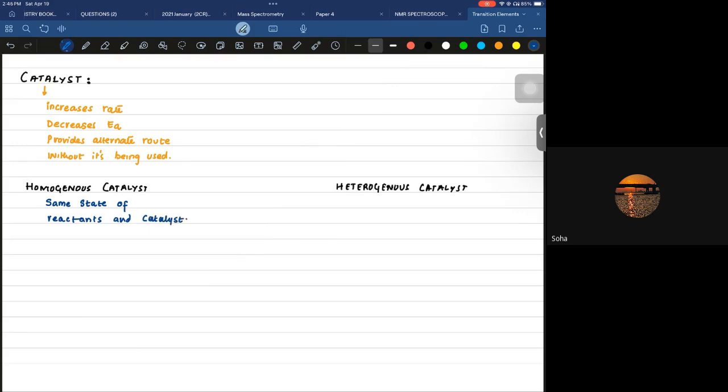Let's suppose if your reactant is a gas and catalyst is also a gas, this is homogeneous. If your reactant is solid and the catalyst is solid, this is homogeneous. If your reactants are liquids and your catalyst is liquid, this is homogeneous.